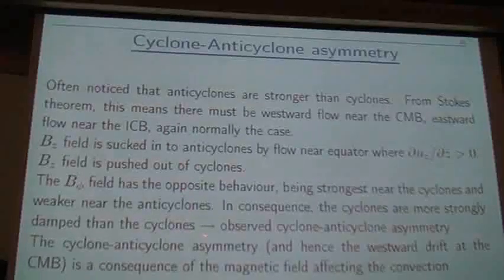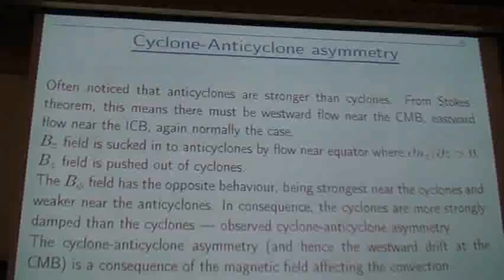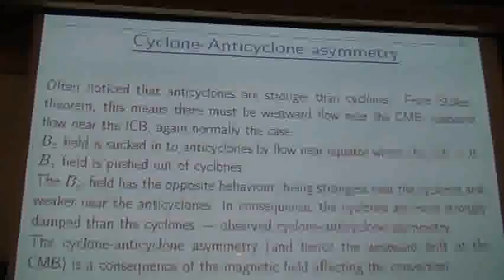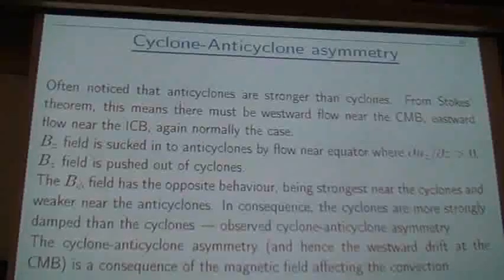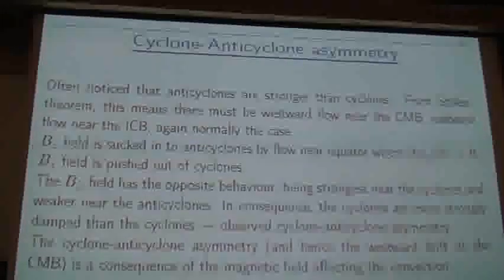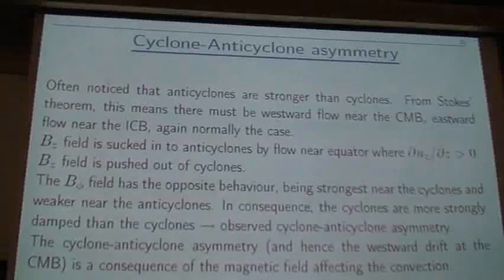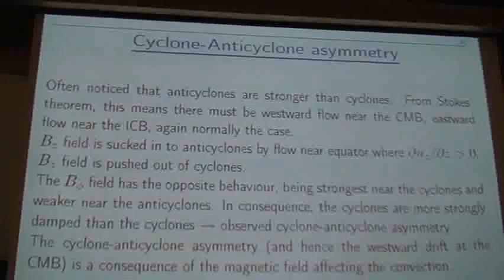This is a slight digression here, but I think it fits in here. It's often noticed that anticyclones are actually stronger than cyclones. So although in that nice little cartoon picture I drew, I had everything similar, the anticyclones and the cyclones both comparable, actually the anticyclones are somewhat stronger than the cyclones.